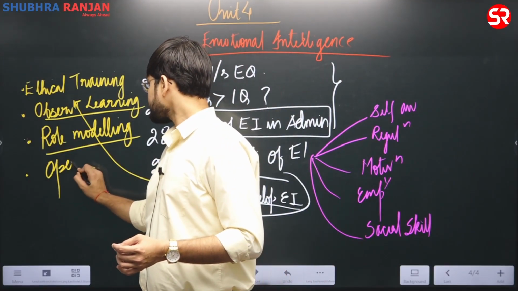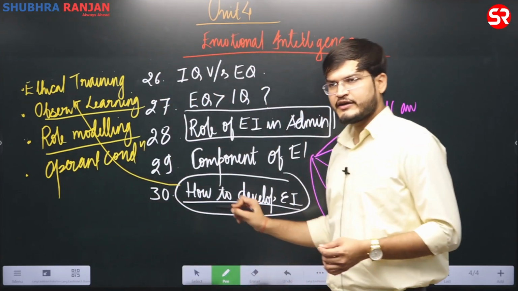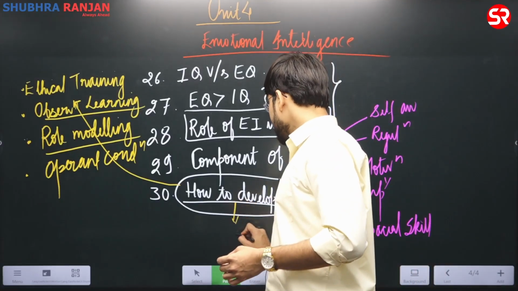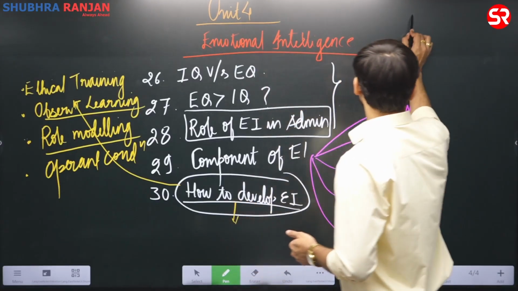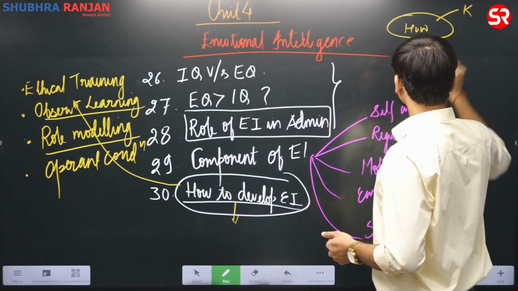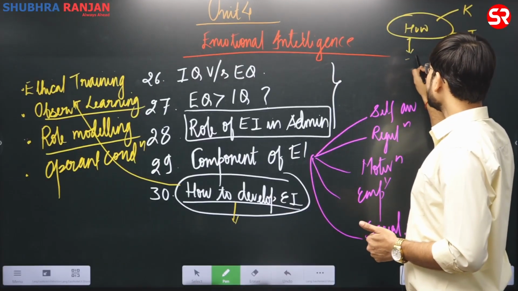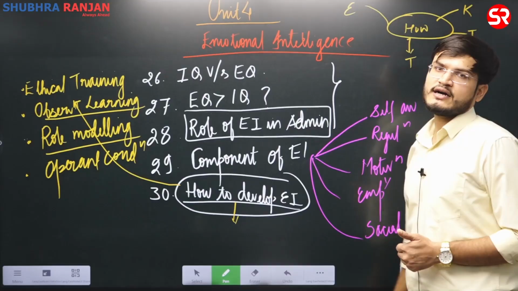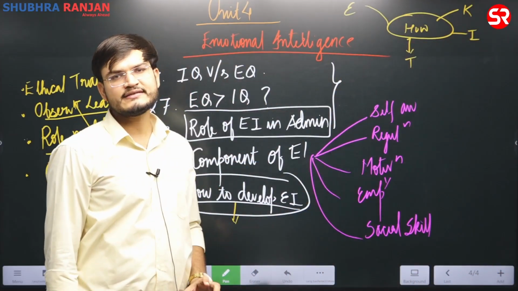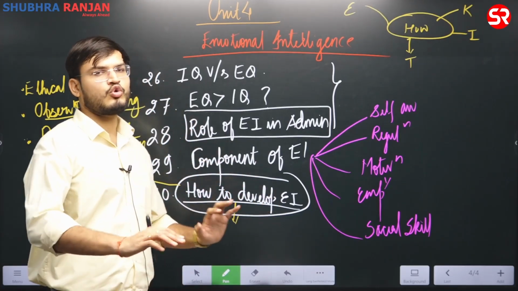Thereby, for how to develop EI, you have to write various factors from there, and make a kite diagram of how to develop it: knowing your team's emotions, interpersonal skills, training, and empathizing with others. Here you have to address it like this: socialization factors plus kite, and this particular theme will be over.